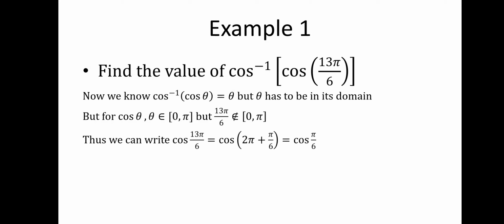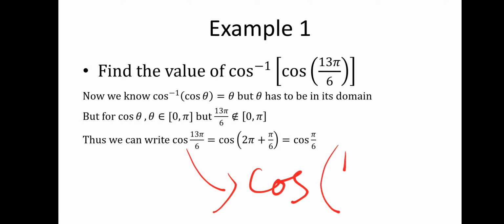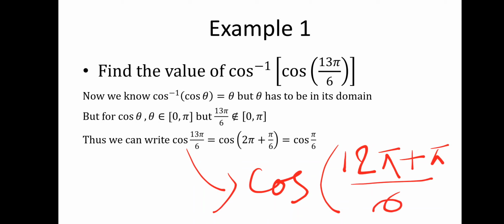So there is one step which is not written here, so there will be one step in between. So I can write this as cos of 12 pi plus pi by 6. See, I can write this or not.